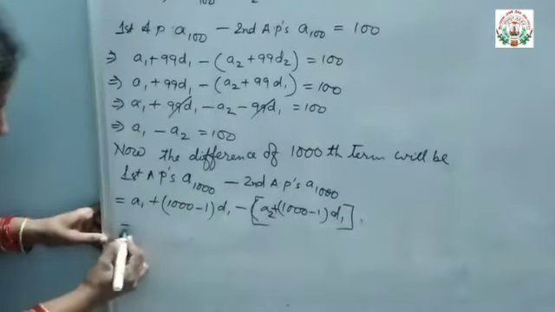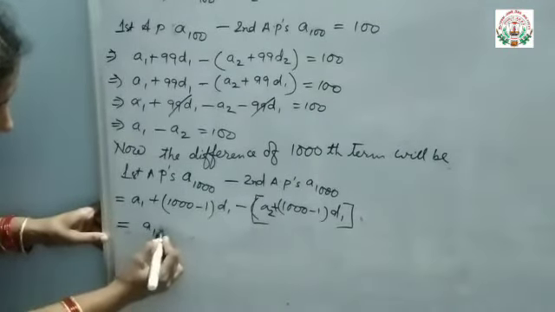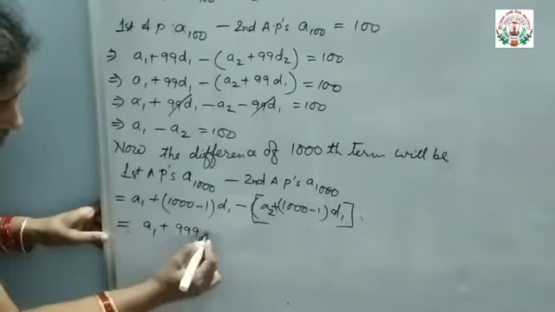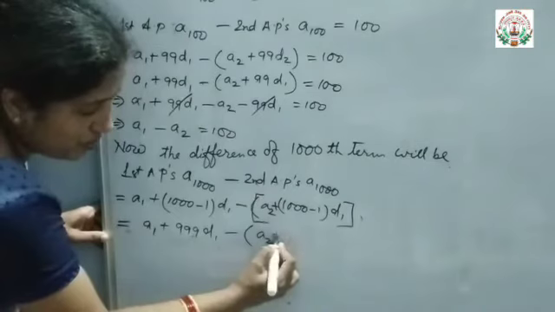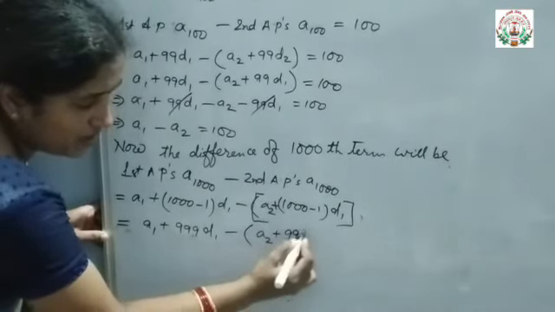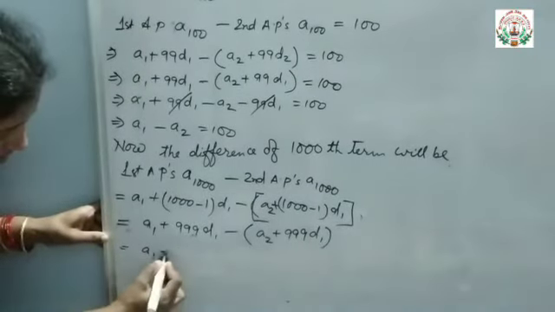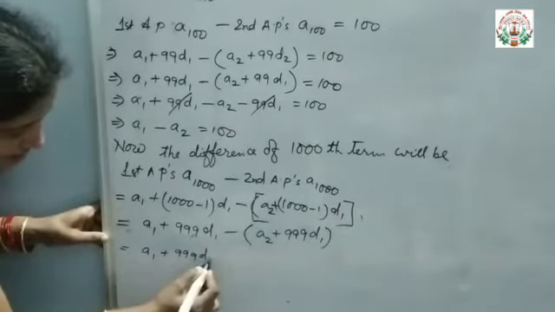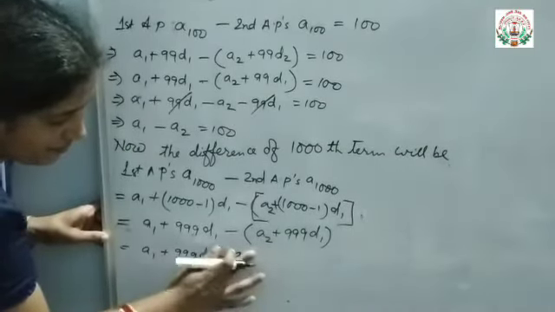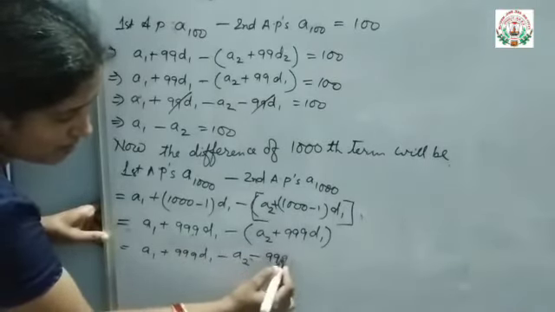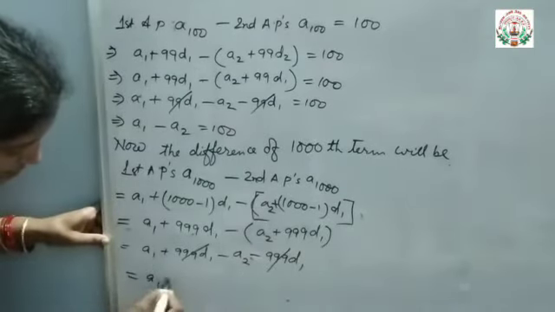Now that is equal to a1 plus 999 d1 minus a2 plus 999 d1, which implies a1 plus 999 d1 minus a2 minus 999 d1. The 999 d1 cancels, equal to a1 minus a2.